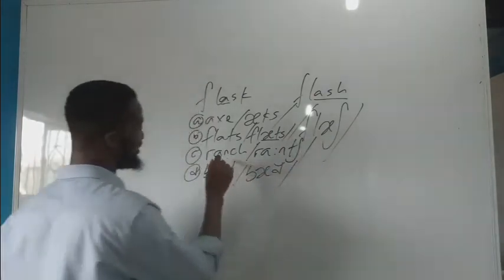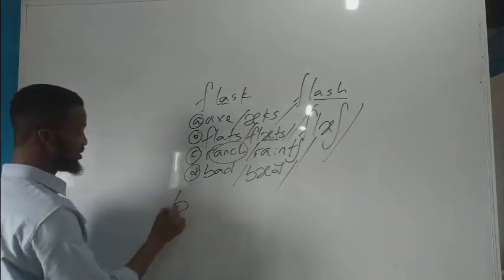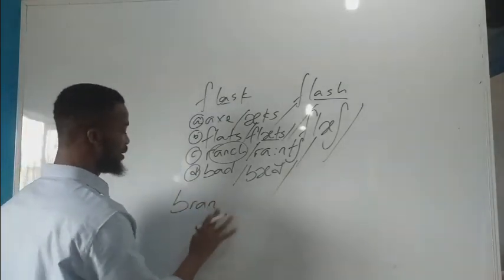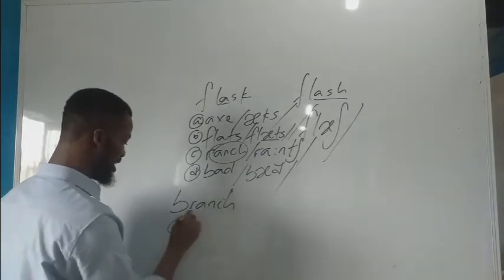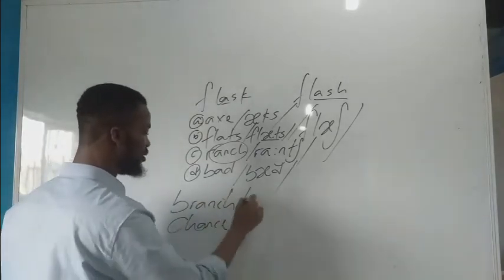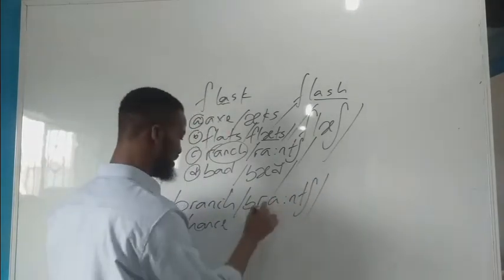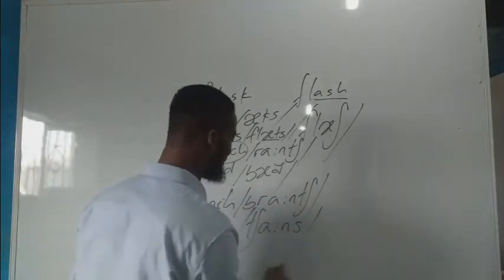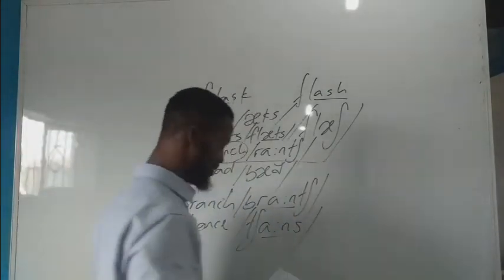I need to point this out that ANCH sometimes gives us long R sound, and other examples are branch and chance. These are long R sound. Branch, and this is chance. They are all long. So our final answer is option C.